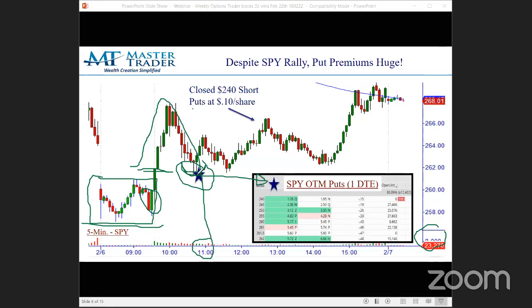And when we see blood, if you will, we get aggressive because times like this don't occur where everything is in alignment. So we probably gave 4 or 5 of these naked put and bull put spread trades on this. We also did bear call credit spreads on volatility products, the VXX, but again, we don't have time for that today.